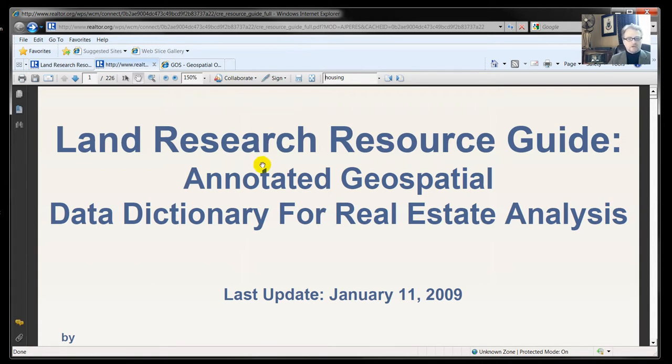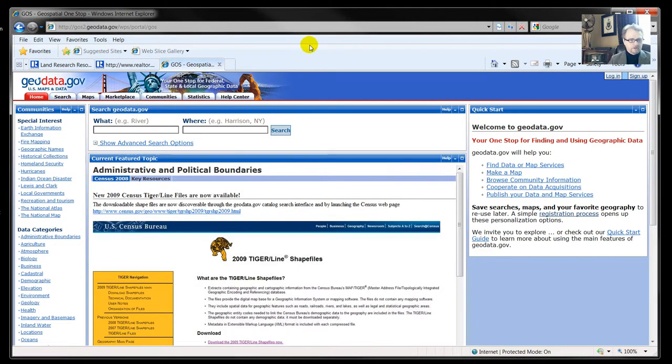Another good site to go to, which is referenced in the National Association of Realtors data guide, is GOS, as we refer to it, geodata.gov.